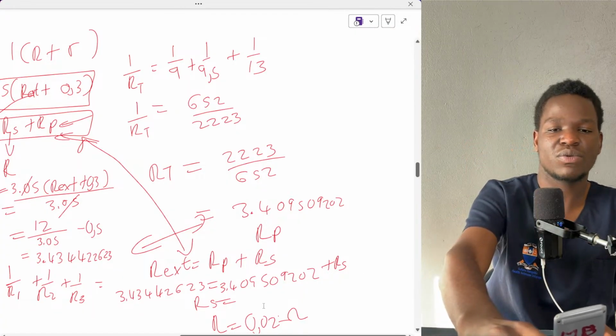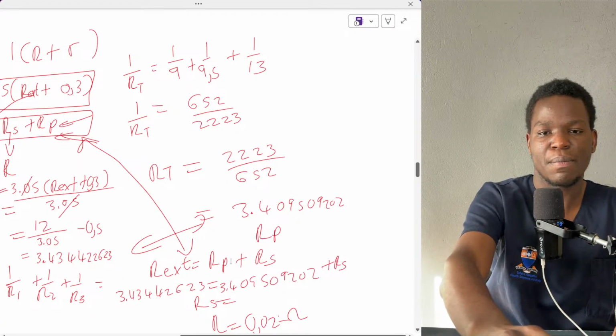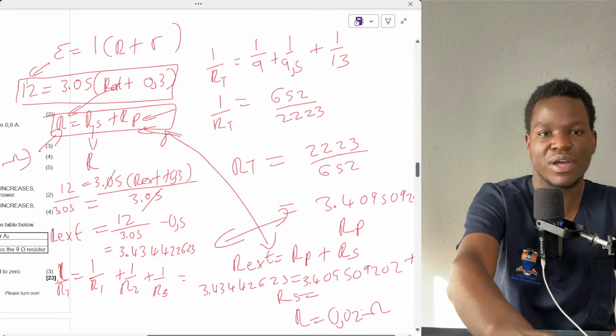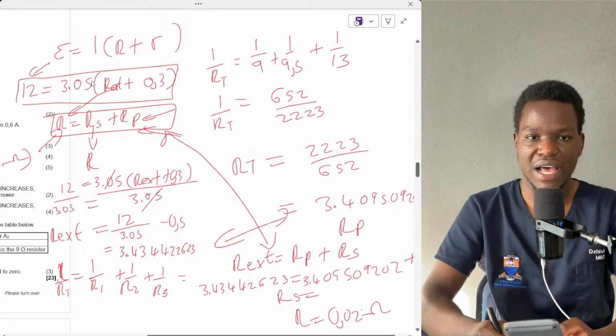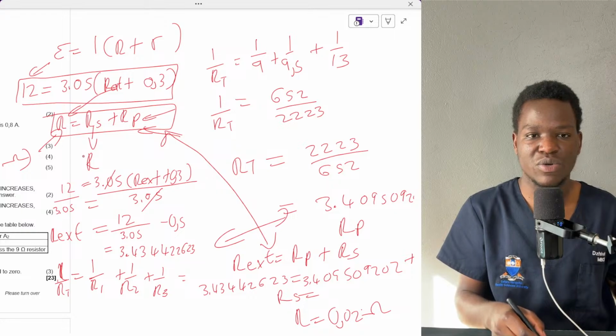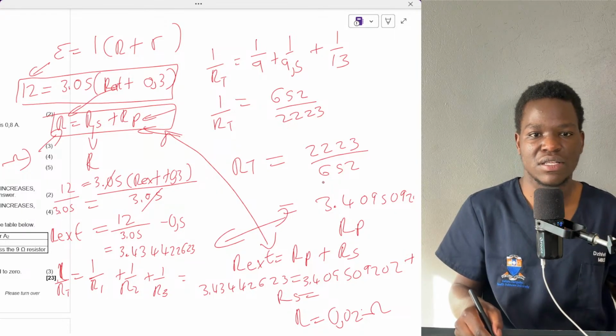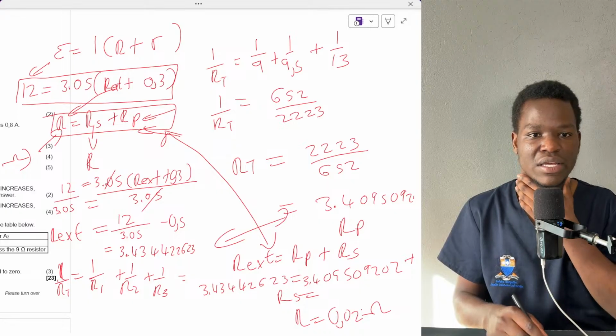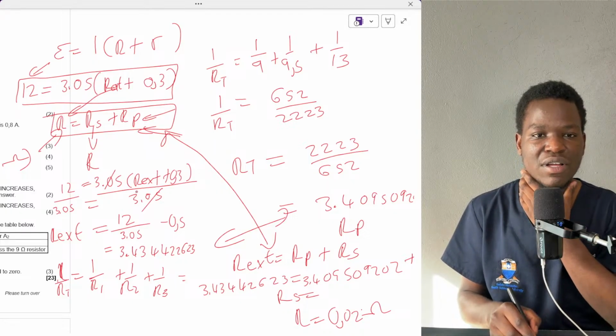Yes, it makes sense here. But let me go back to this one and see if that R external, to say that this side we come and say this 3. Here we come and say this 12 and 3.05.